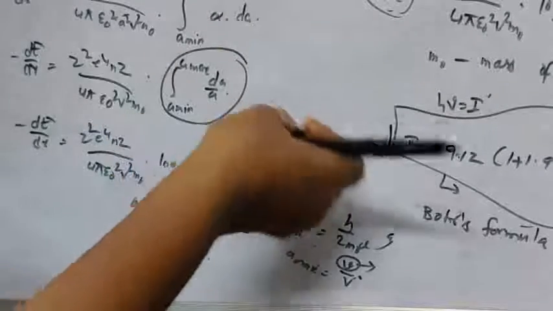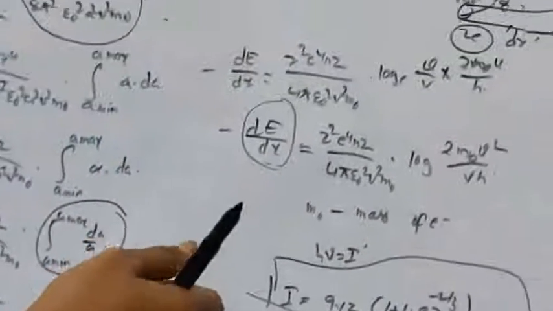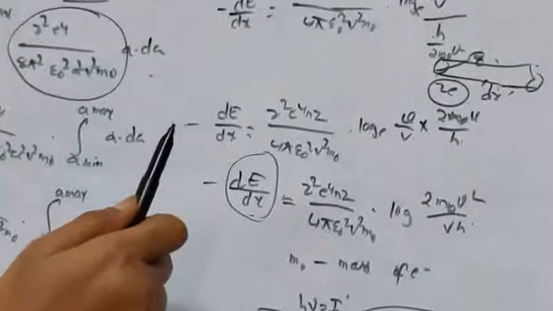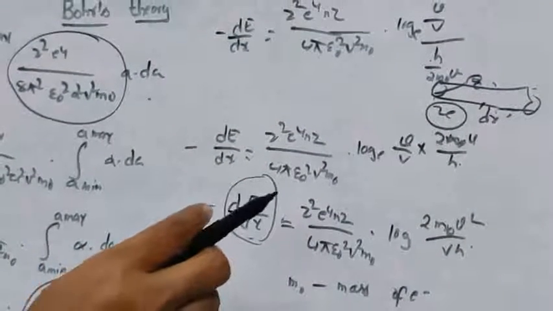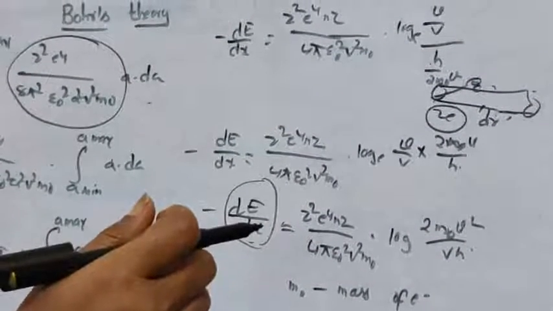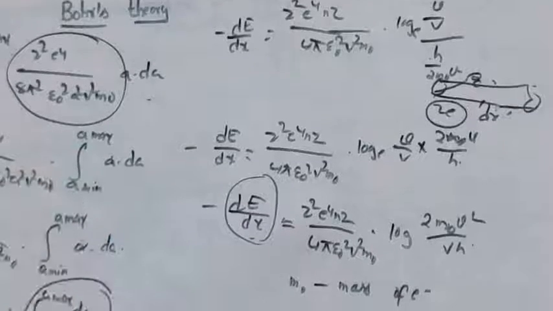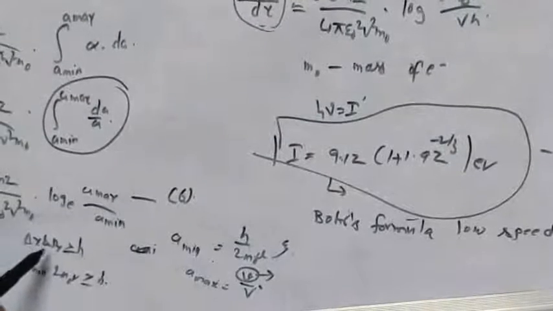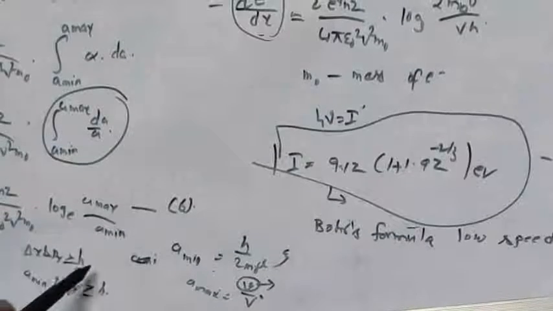Then we considered the uncertainty principle. It is not possible to calculate the position and momentum of any particle at any instant of time simultaneously, so we have delta x into delta px greater than or equal to h.